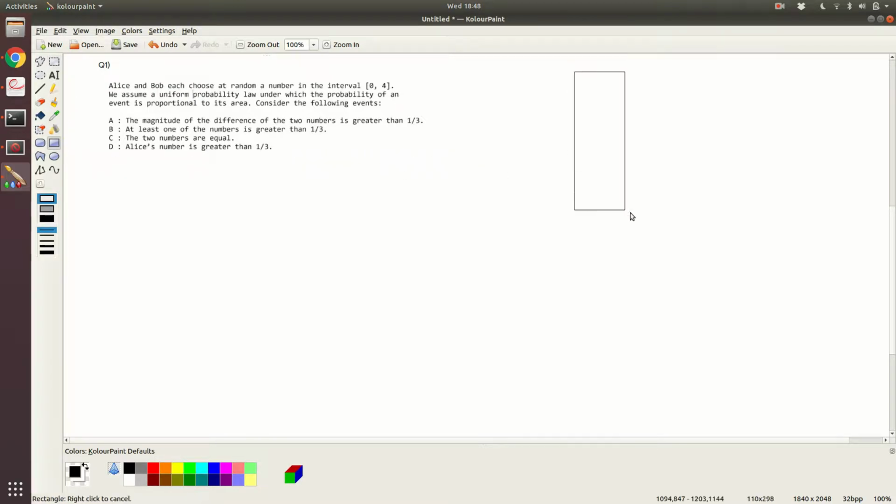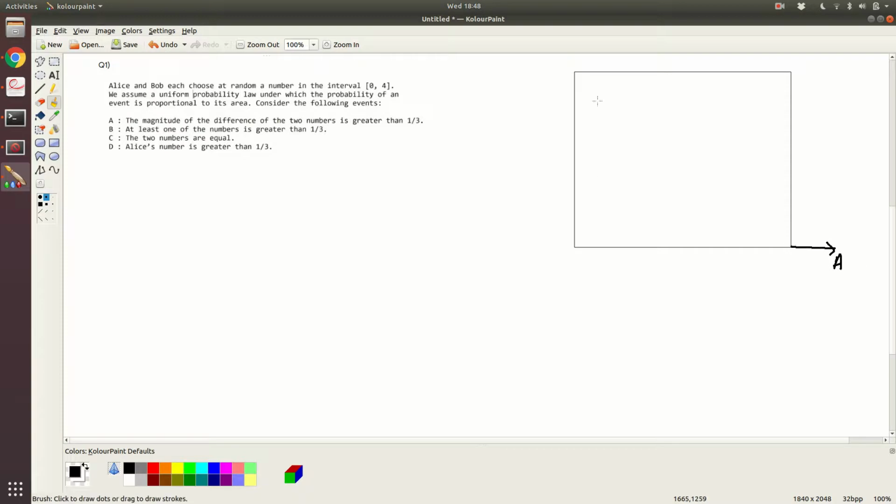So you have this square, and this time again the x-axis is Alice and the y-axis is Bob. Okay, so this is 0 to 4. All right, and the second question is asking P of C. So P of C is both the numbers are equal. So that is essentially all the things that come on this line.